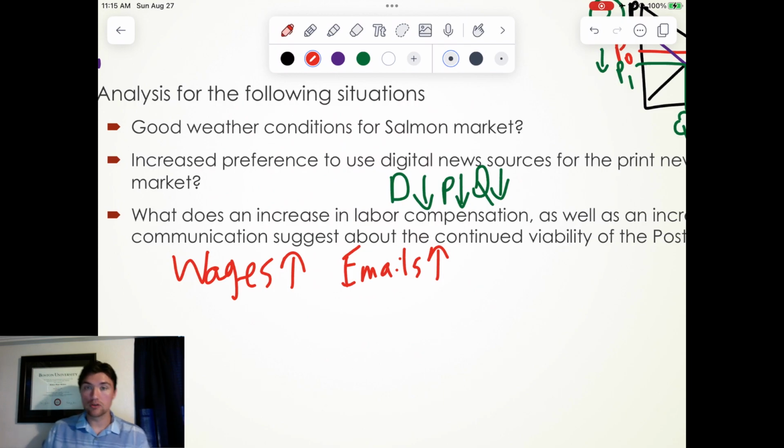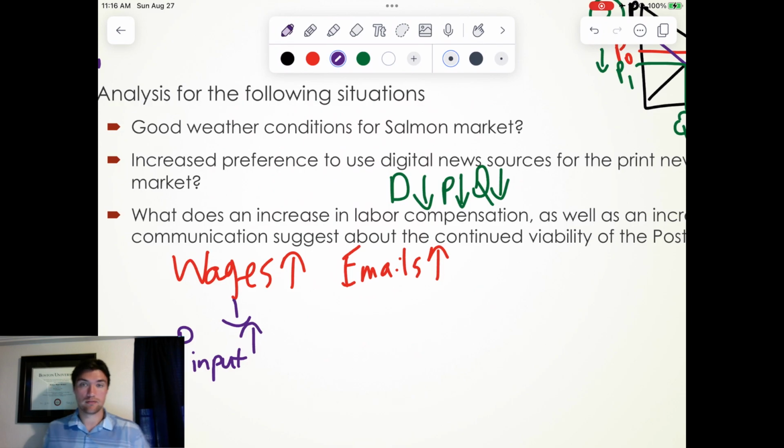Yes, because your workers are paid more, you have to increase the input prices of the mail. So wages for the workers in the postal service market increase, and that's going to be an increase in the input prices.